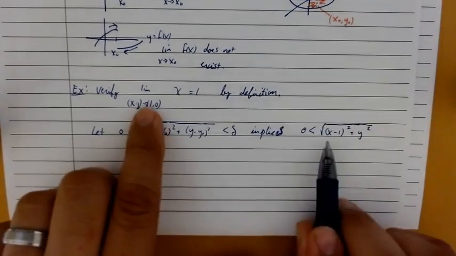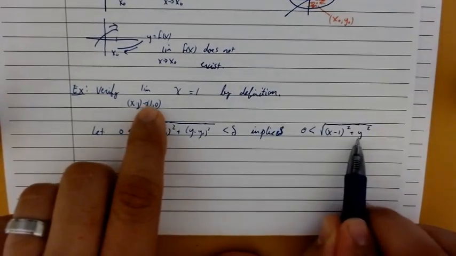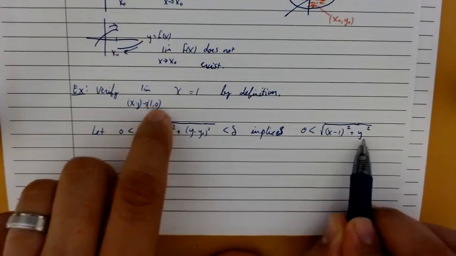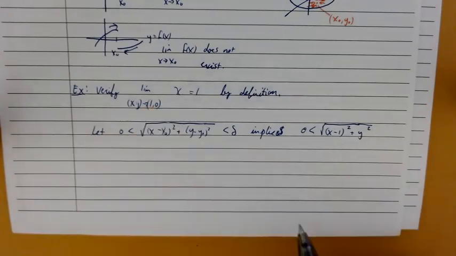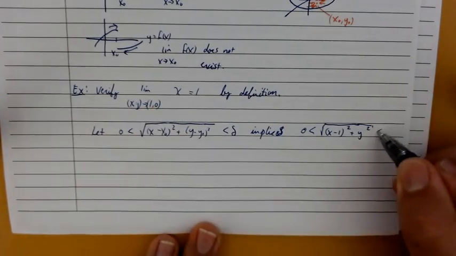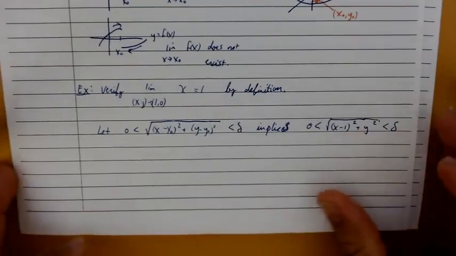Here we're using x minus x naught and y minus y naught. But since y naught is 0, instead of writing y minus 0, I'll just write y. Is less than delta.